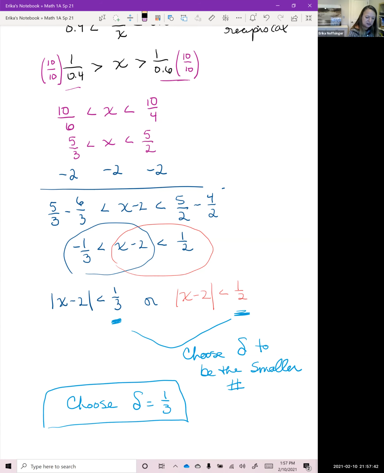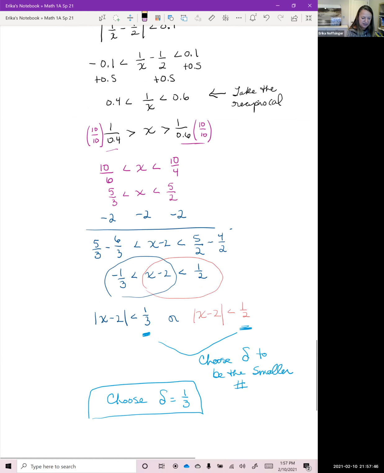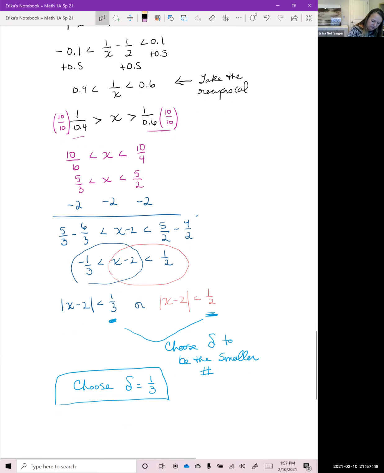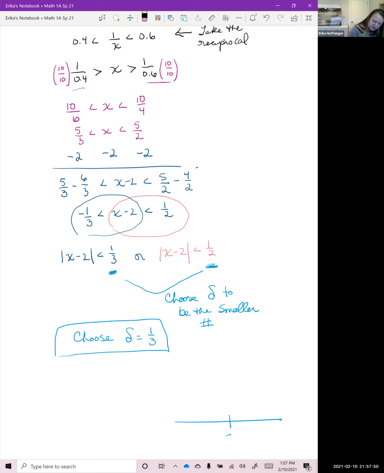So if we choose delta to be 1/3, any value between 2 plus 1/3, so I'm going to just write it like this, 2 and 1/3, and 2 minus 1/3.